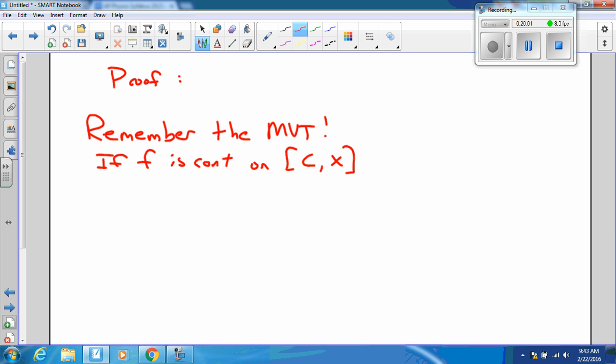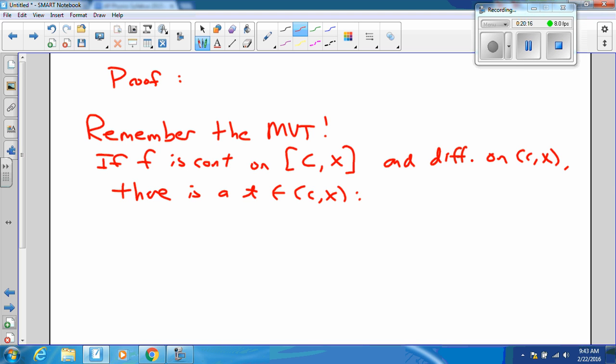We used a and b when we stated it before. Then there is a t somewhere between c and x such that f prime of t equals f of x minus f of c over x minus c. Ta-da!